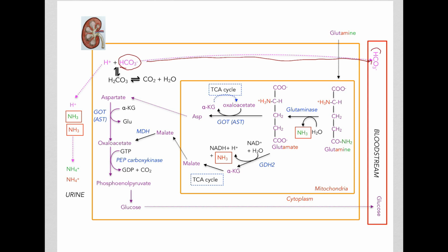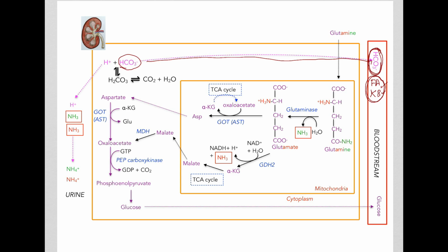Now, the bicarbonate that is formed in this reaction will be secreted into the bloodstream. There, as we shall discuss in a future video under acid-base balance, bicarbonate will help buffer all the fatty acids that are being produced during late starvation, as well as the ketone bodies, which are also acids. This bicarbonate will be very important in maintaining the blood pH at 7.4, to make sure that the blood pH doesn't drop because of all these acids produced during starvation.